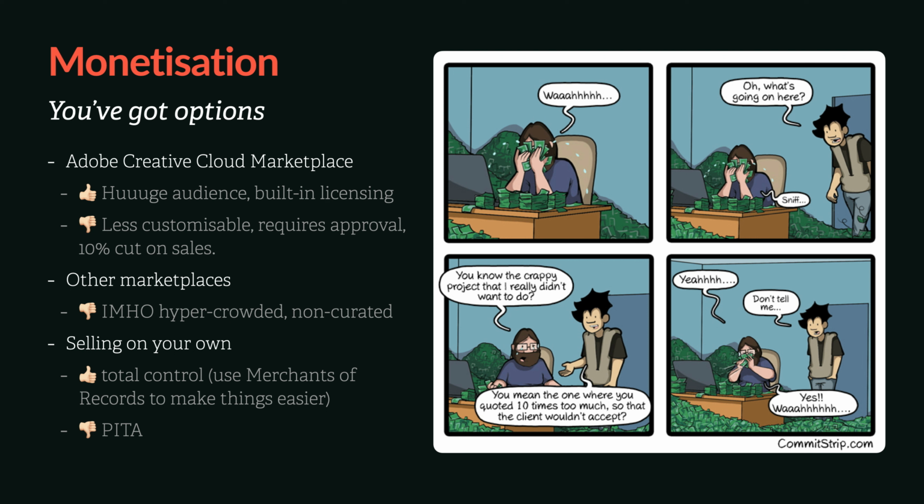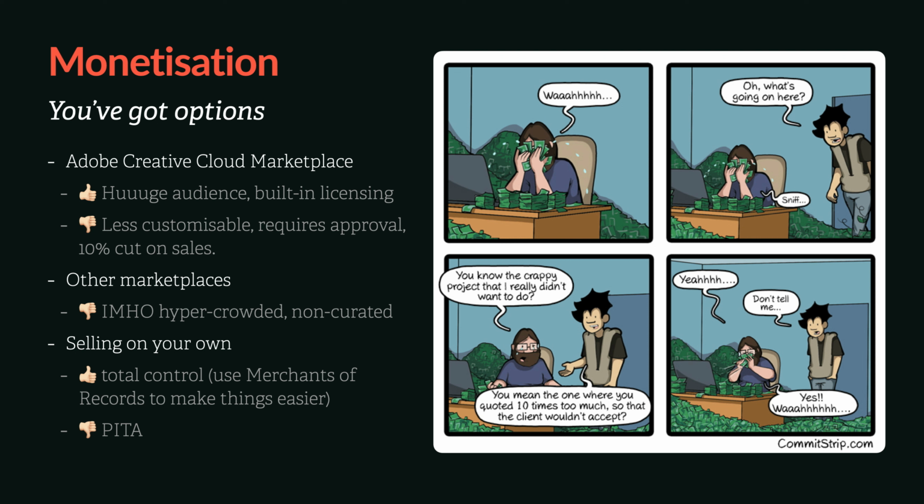Which gives you total control, which is awesome. In which case, I would suggest you use merchants of record, especially if you're based in Europe. If you have no idea what I'm talking about, basically you sub-license them to sell your product, and then you just collect royalties. So you don't have to deal with invoices, with VAT, with GDPR, nothing.